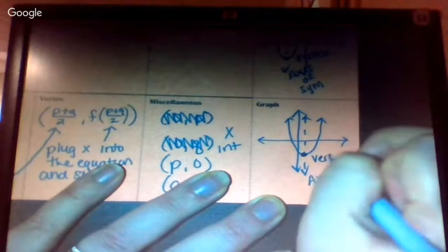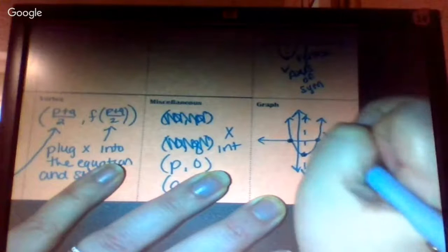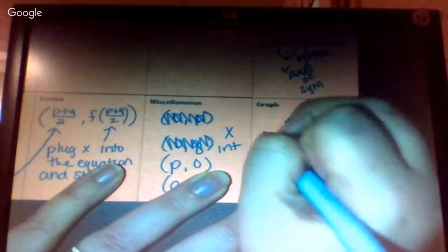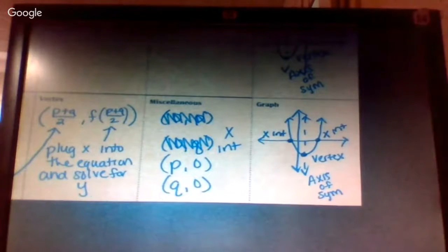You know your vertex. And you know your x-intercepts. Once you're done with that, we're going to glue this piece in once we fold it and finish cutting it. And then we're going to do 3 examples.